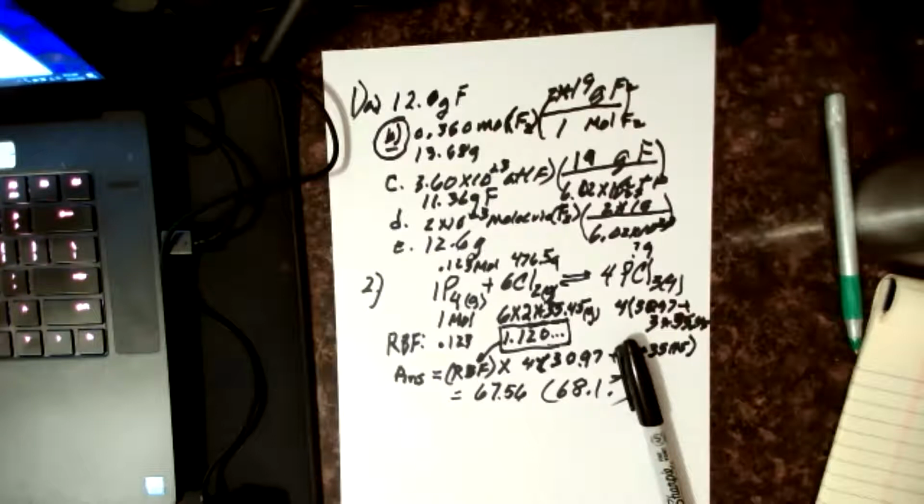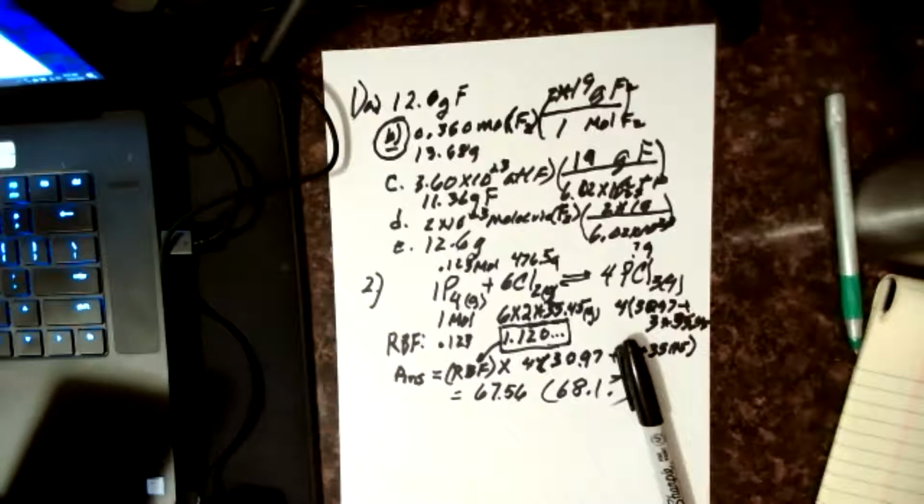And I want to divide it by 35.45. No, that's 1.12. Well, that key has to be wrong. Okay. I didn't notice that. I should have looked at that better.